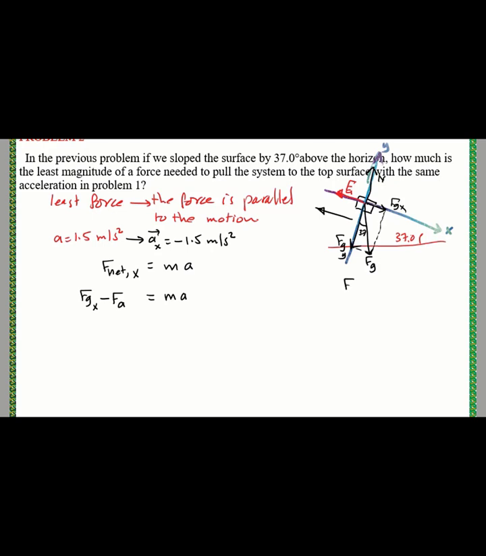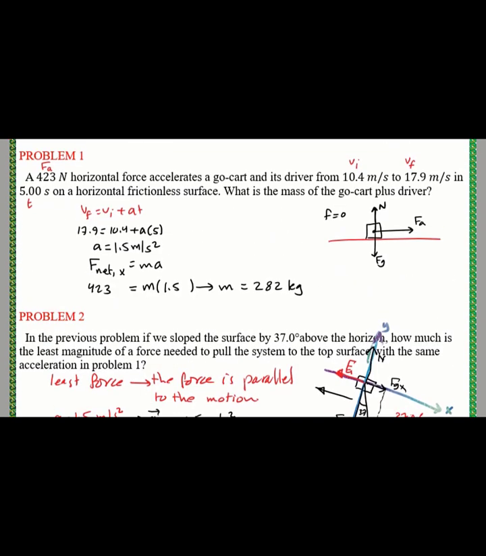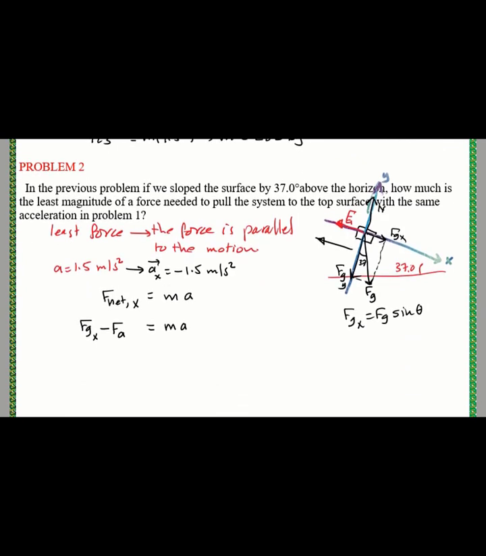Now we need Fgx, which will be Fg sine theta. Now we find the mass, 282, mg sine theta.